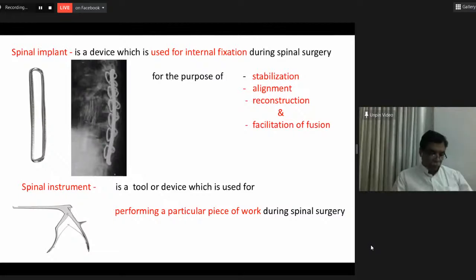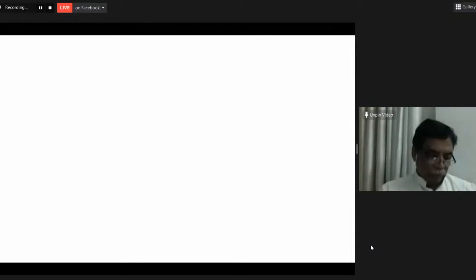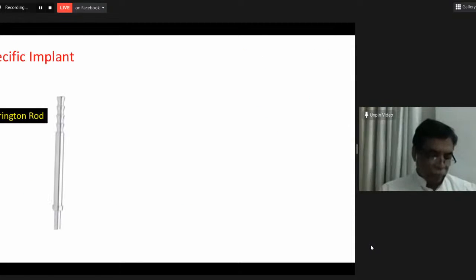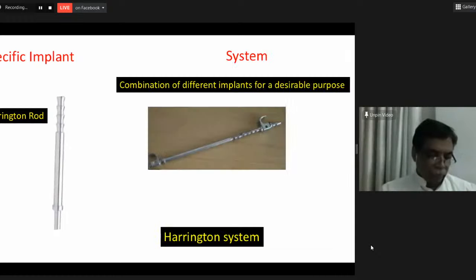What is a spinal instrument? It is a tool or device which is used for performing a particular piece of work during spinal surgery. So that should be the definition of a spinal instrument. Now, you can have a specific implant like a Harrington rod, or sometimes you have different components of a system like a Harrington system. So what is Harrington system?